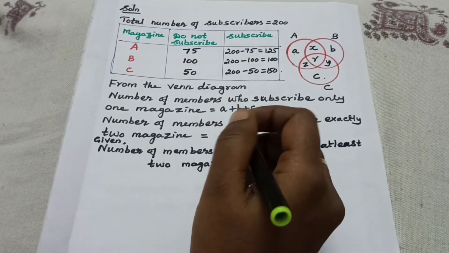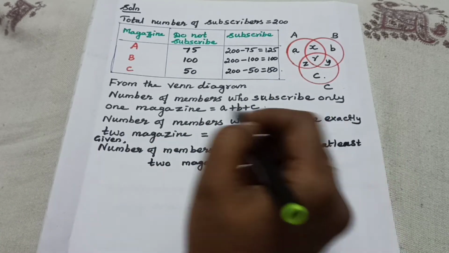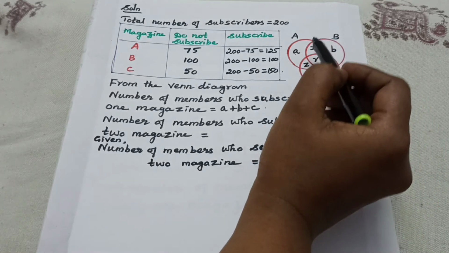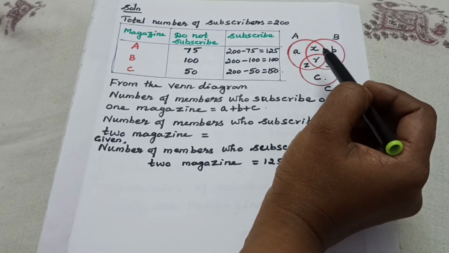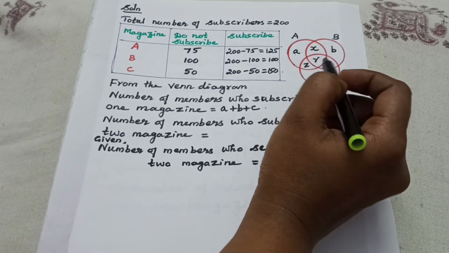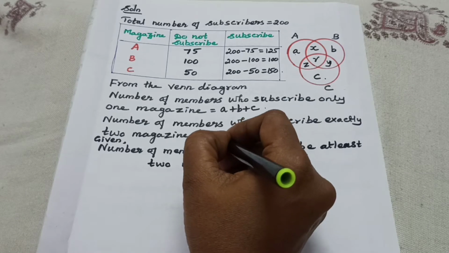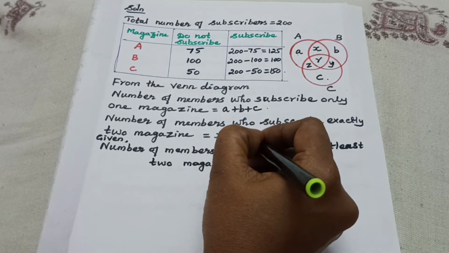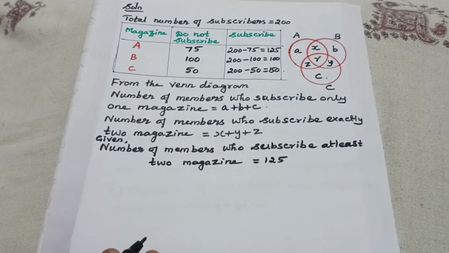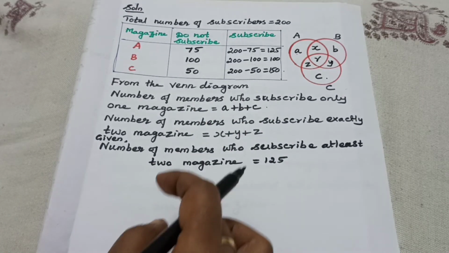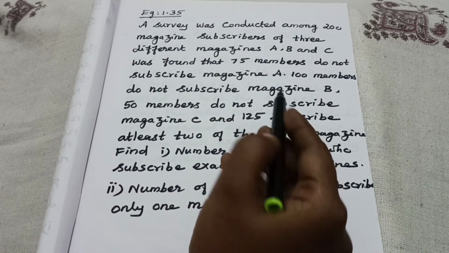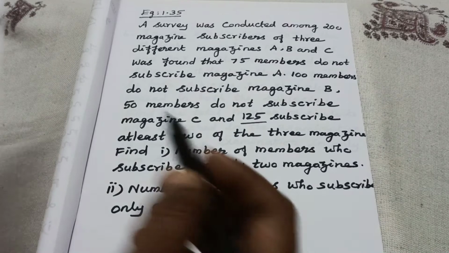The number of members who subscribe to exactly 2 magazines: exactly 2 magazines, how many? X, Y, Z. That means X plus Y plus Z. Have you understood? Then one more is given: the number of members who subscribe to at least 2 magazines. That is given, 125.